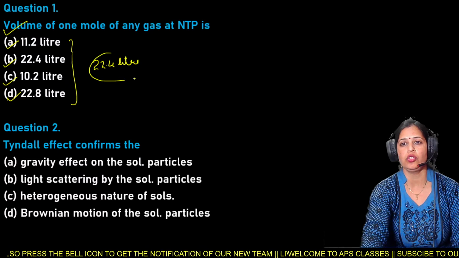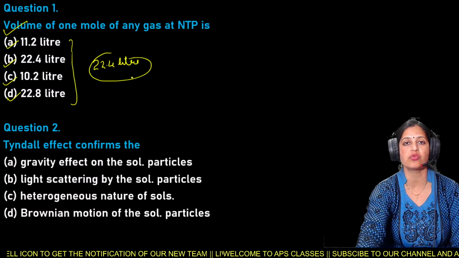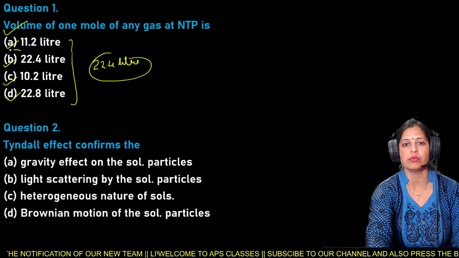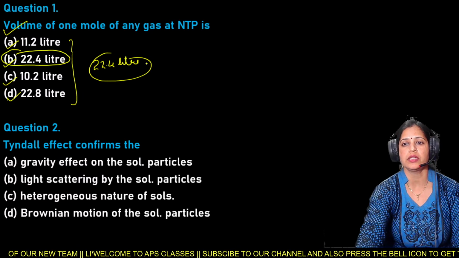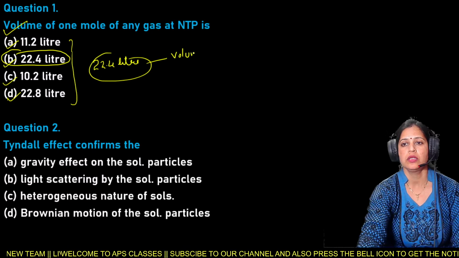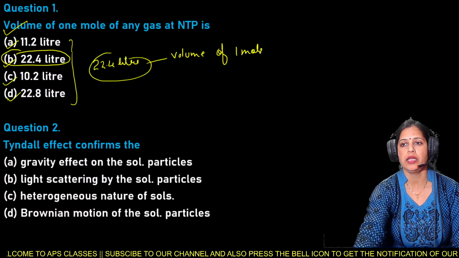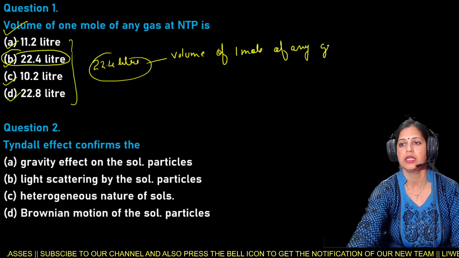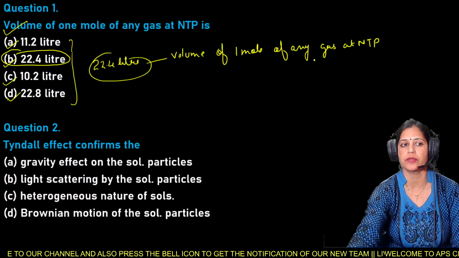So this is the right answer for question number 1, that is 22.4 liter. This is the volume of 1 mole of any gas at NTP, and NTP is the normal temperature and pressure.